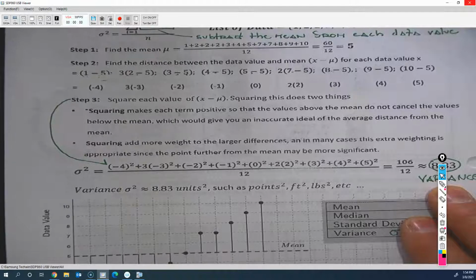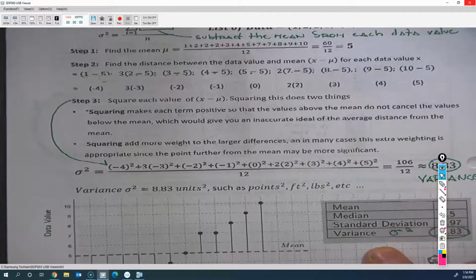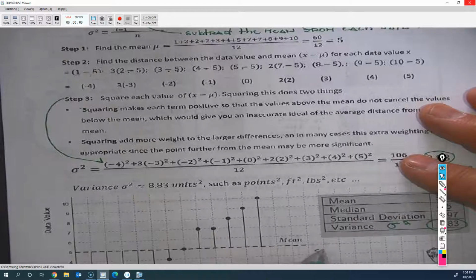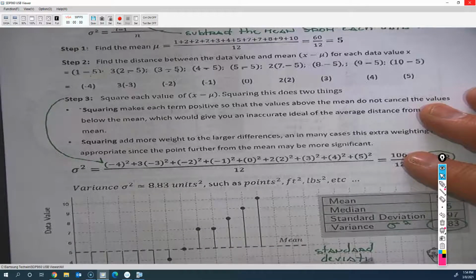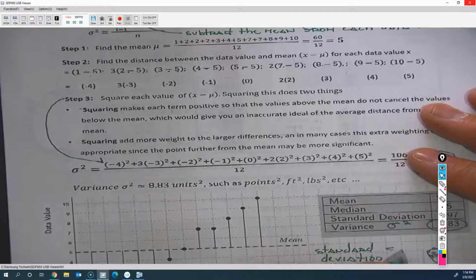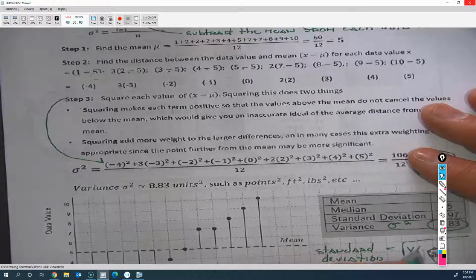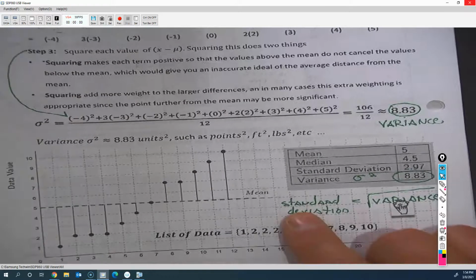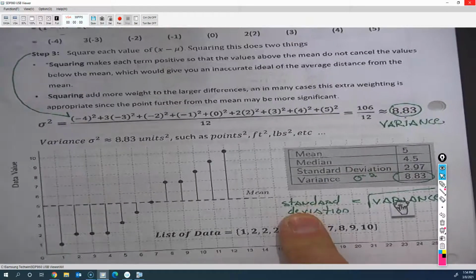That's the variance. Now, to get the standard deviation, you just take the square root. So the standard deviation is equal to the square root of the variance. That's the number that we want.